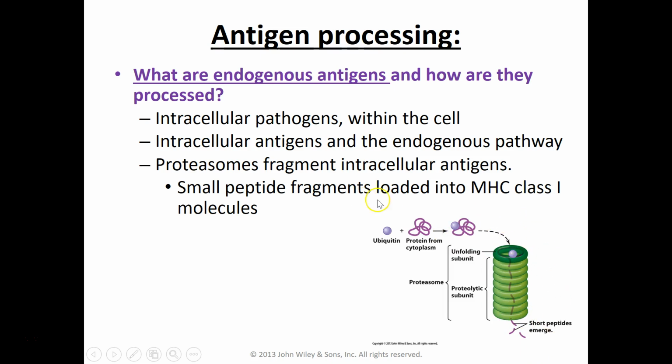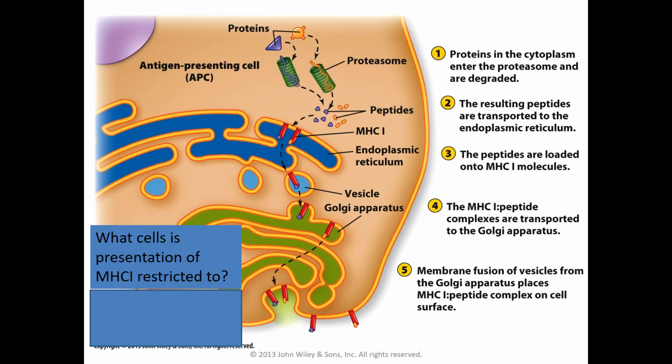This is necessary so they can be loaded onto MHC class 1. This happens in all your cells that have MHC class 1. But only your professional antigen presenting cells are actually going to be able to talk to the T cells. So this happens: proteins get processed. They get sent to the endoplasmic reticulum where they get loaded onto MHC class 1.